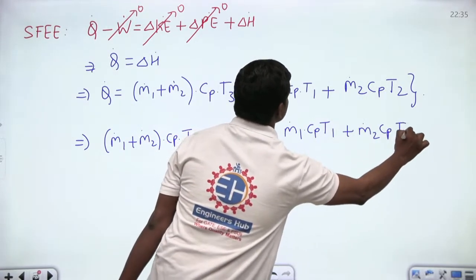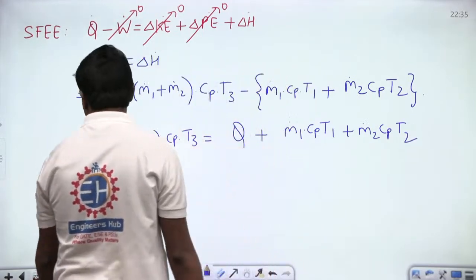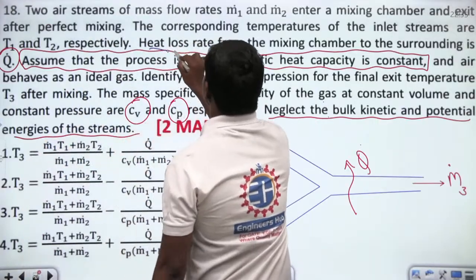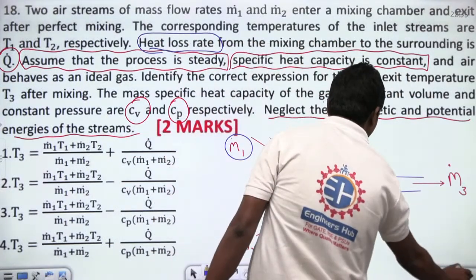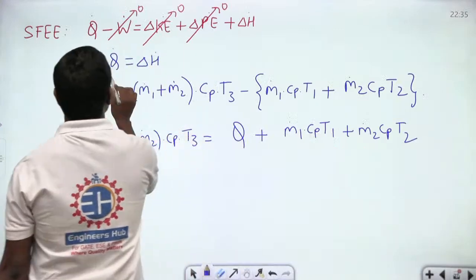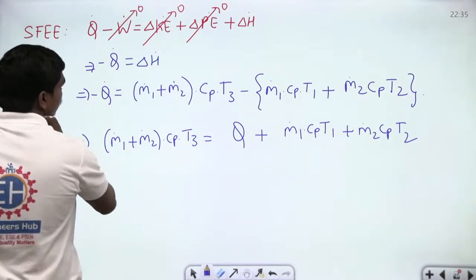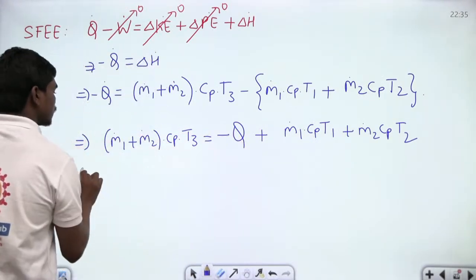But of course, one correction needs to be made here. What is that correction? It's clearly given as a heat loss rate from the mixing chamber to the surroundings, which means this Q which we are writing here is negative, correct? So let us write this.